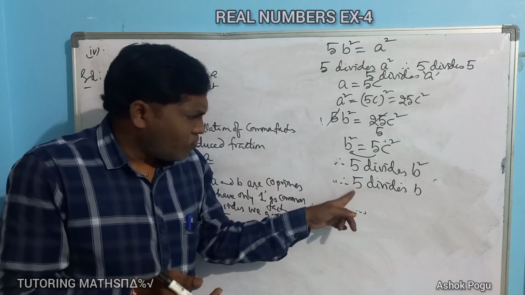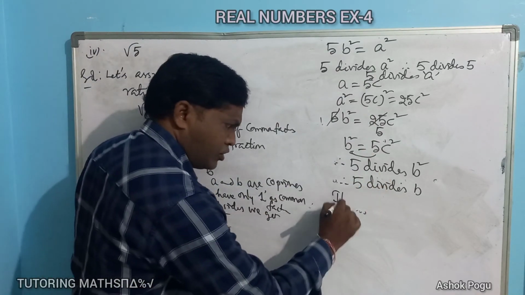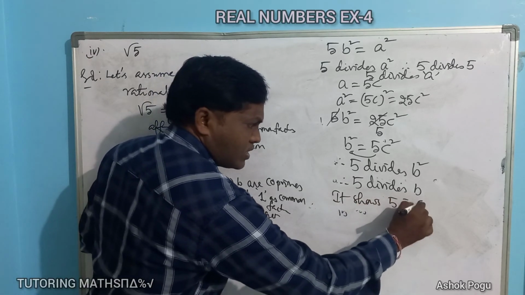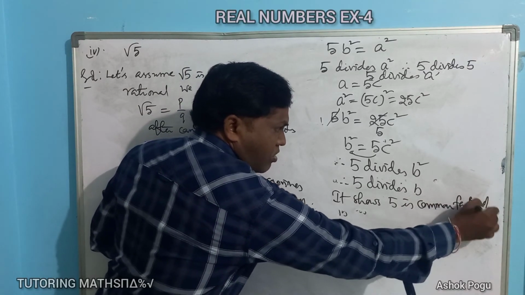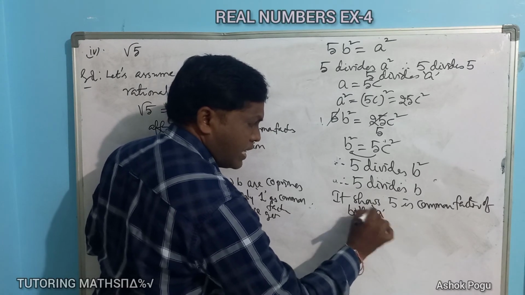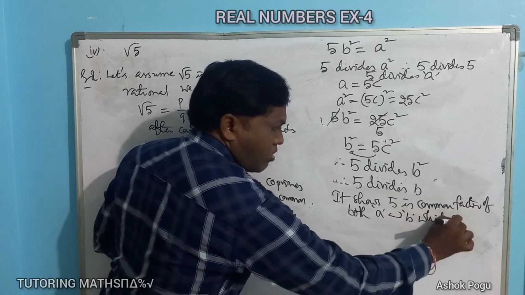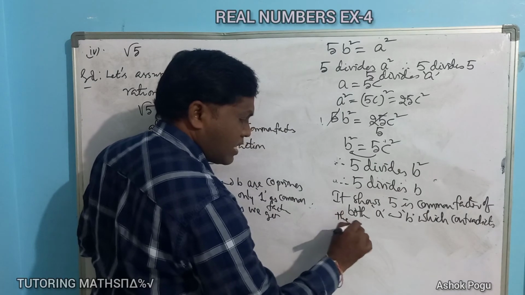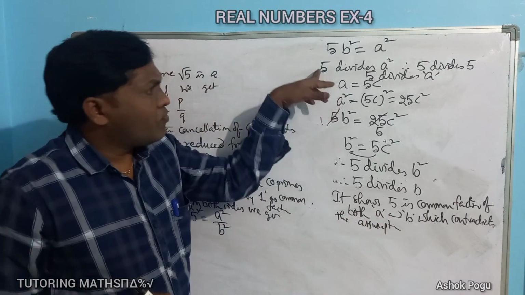It means 5 is a common factor of both a and b, which contradicts the assumption.